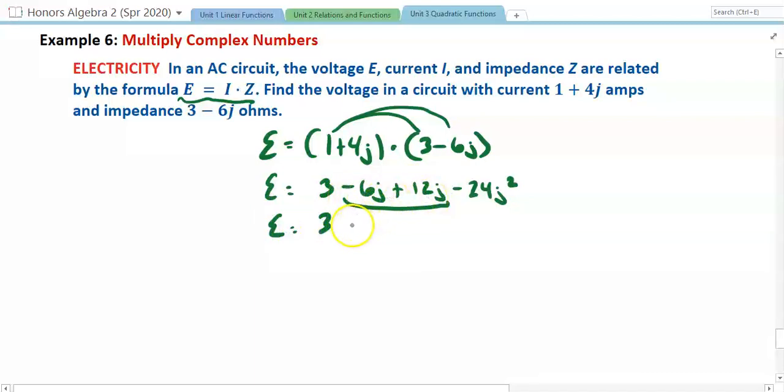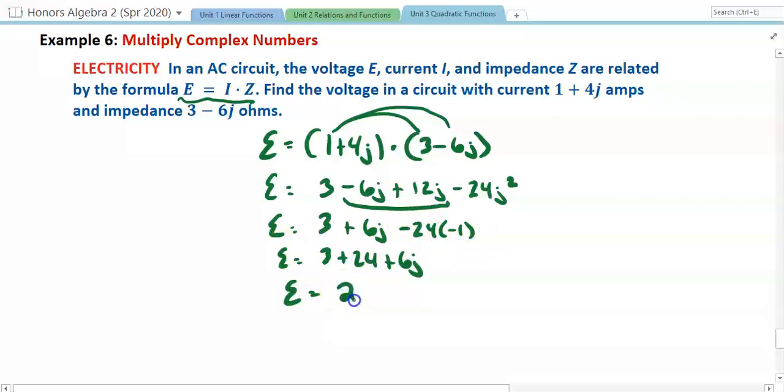So negative 6 and positive 12 would be a positive 6j. Remember that j squared, or i squared, is equal to negative 1, and so this is minus 24 times the negative 1. Simplifying that, we're going to get plus 24 plus the 6j. And so our voltage is 27 plus 6j, or 6i.